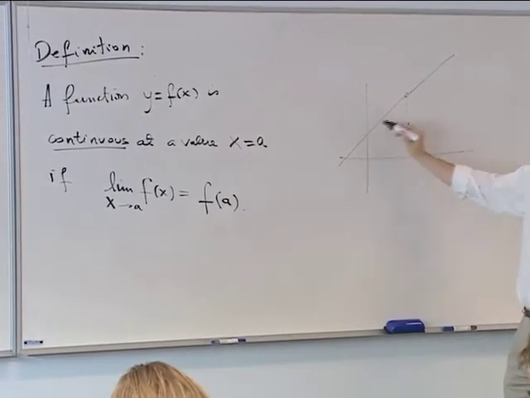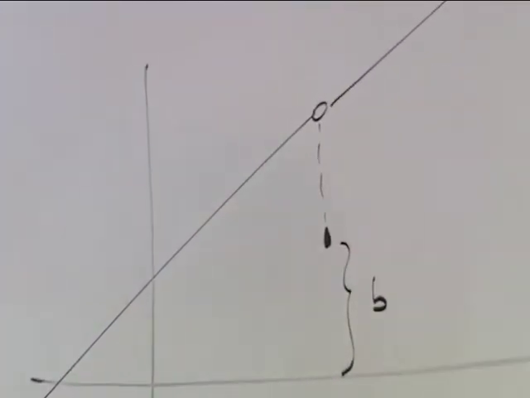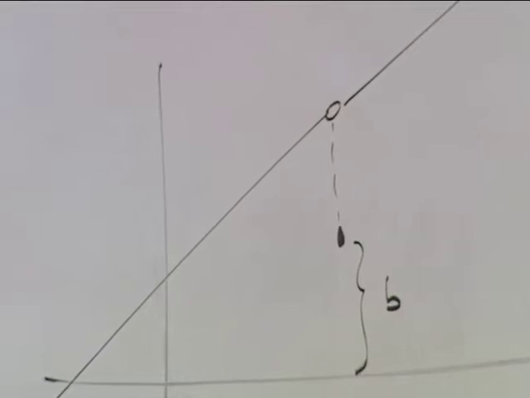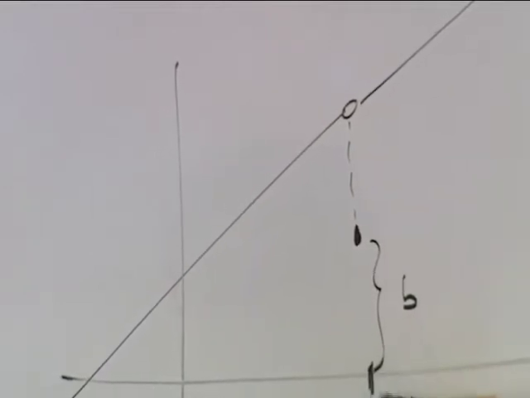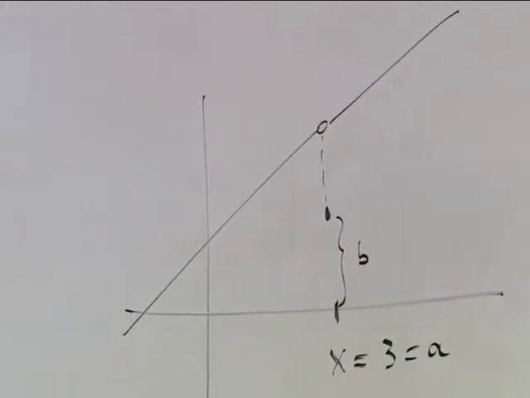That was the height b, right? And here is x equals 3 equal a.